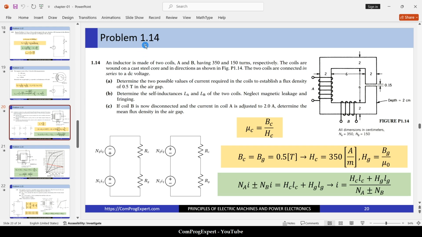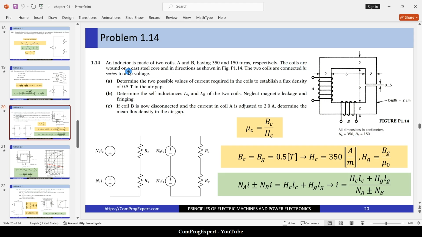So, problem 14. An inductor is made of two coils A and B having 350 and 150 turns. The NA and NB are given here.